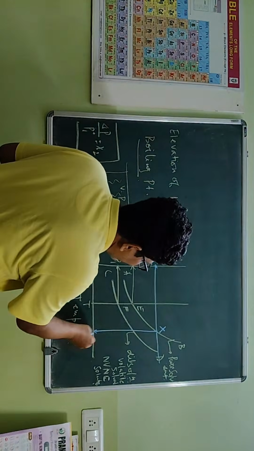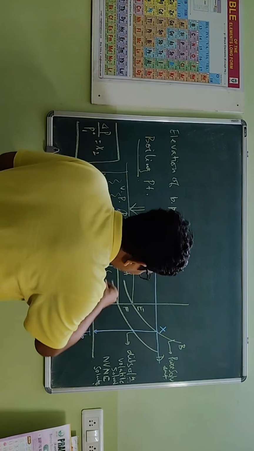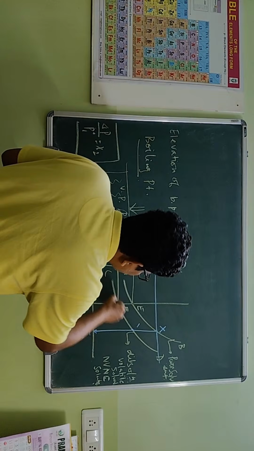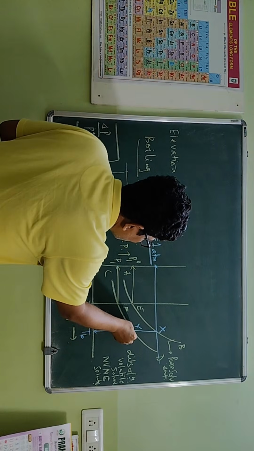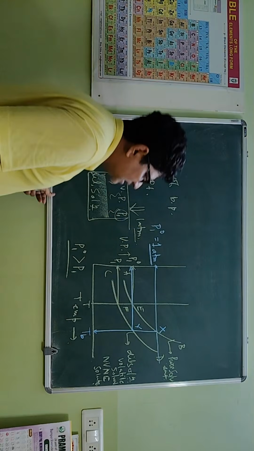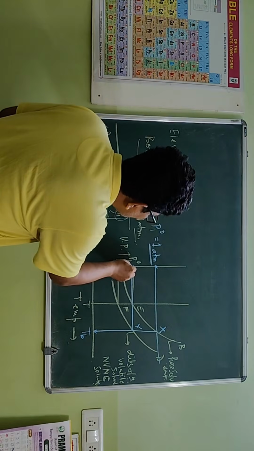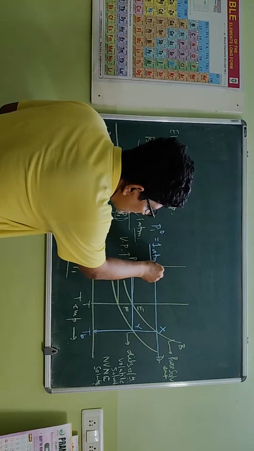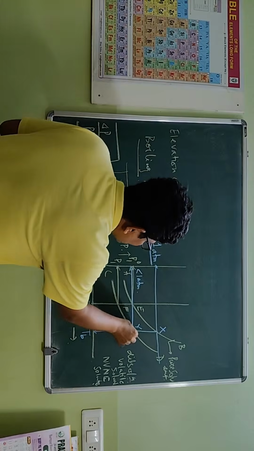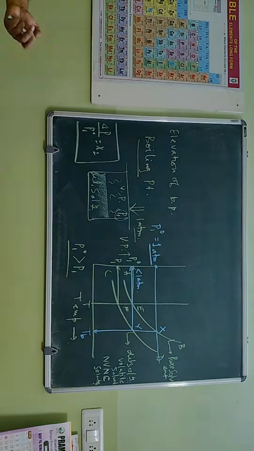At this temperature, if we observe from the graph, it cuts the CD curve at point Y, and from Y if we draw a perpendicular onto the vapor pressure axis, you will see that its pressure value is not equal to 1 atmospheric pressure. This pressure is less than 1 atmospheric pressure. So at this point the solution will not boil.